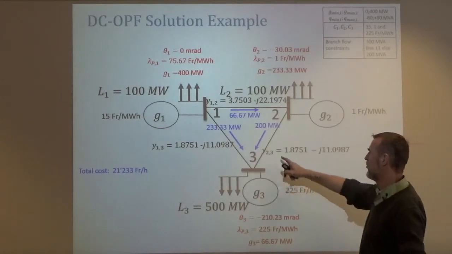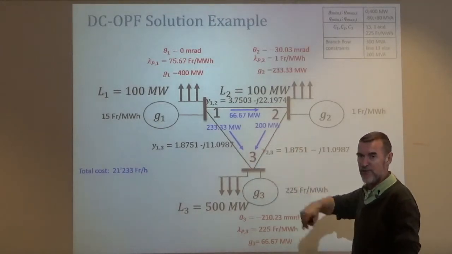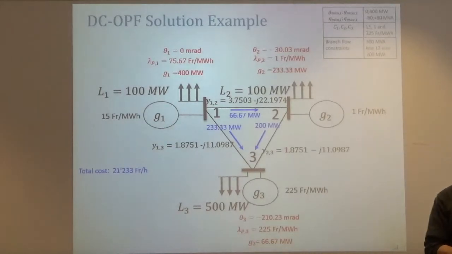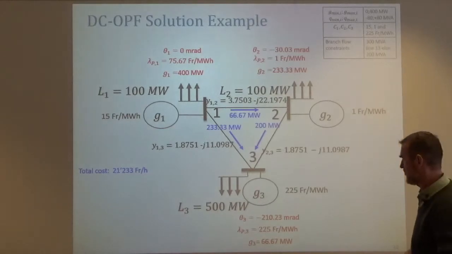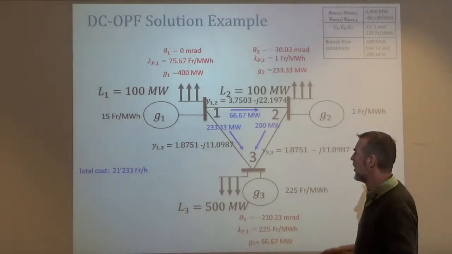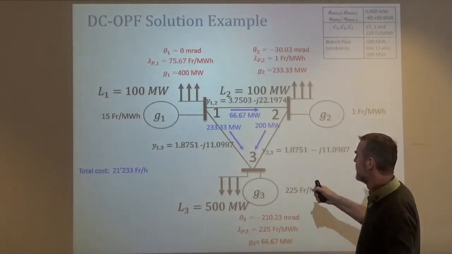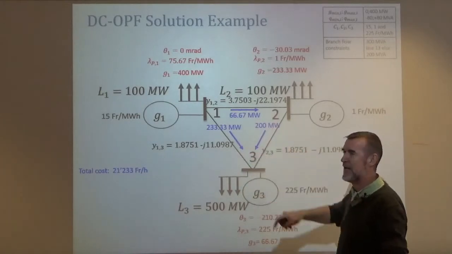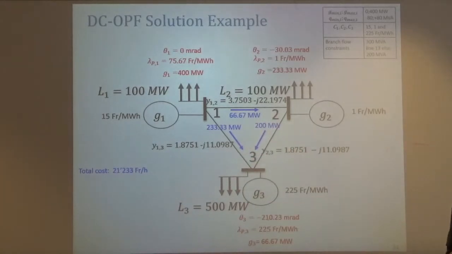I found now round numbers. I found only the active power flows. I cannot compute the reactive power flows with this formulation. And I found a solution that's significantly different from before from the cost viewpoint, but not significantly different from the line viewpoint, from the power flows.